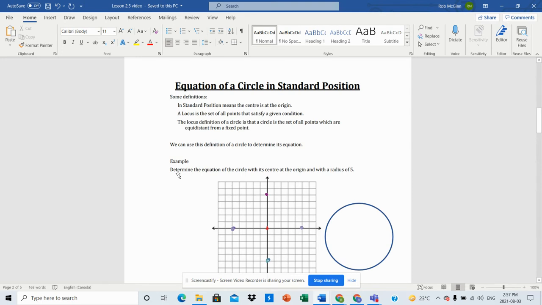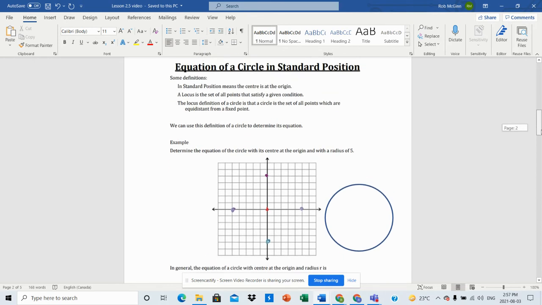So, example here: determine the equation of the circle with its center at the origin and with a radius of 5. If we wanted to draw this circle, a radius of 5 tells us that from the center to the outer edge of the circle is going to be 5 units.